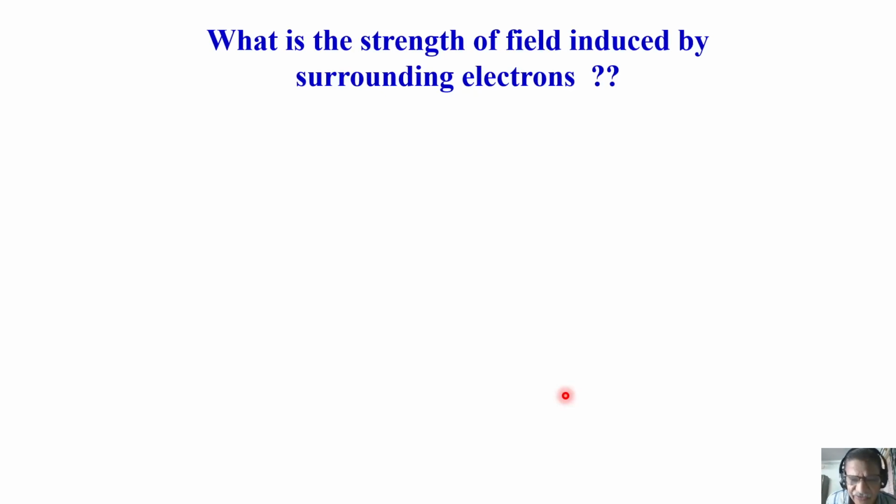The electrons induce the field, and the nuclear spin sees the B local field. What is the induced field strength? We have an external magnetic field, I told you, whose strength is of the order of several Tesla. Whereas, what is the amount of the field induced here?